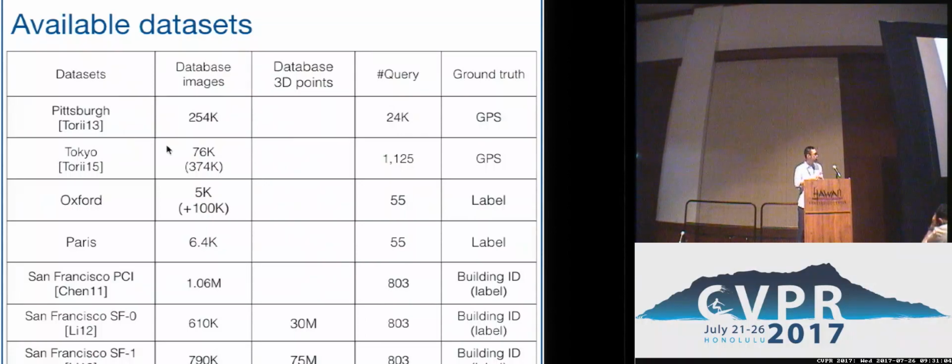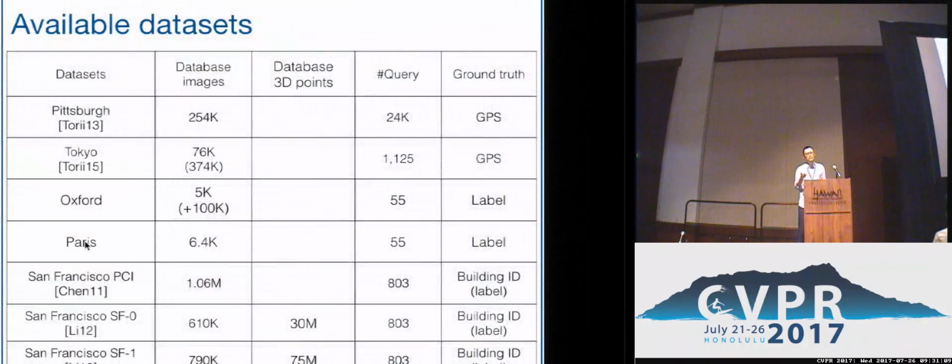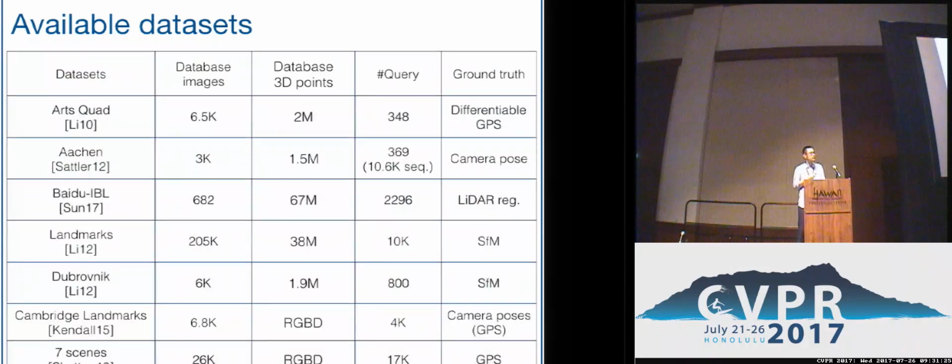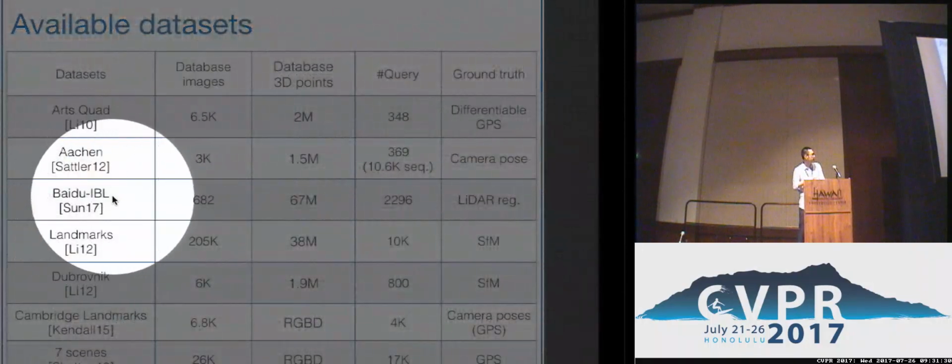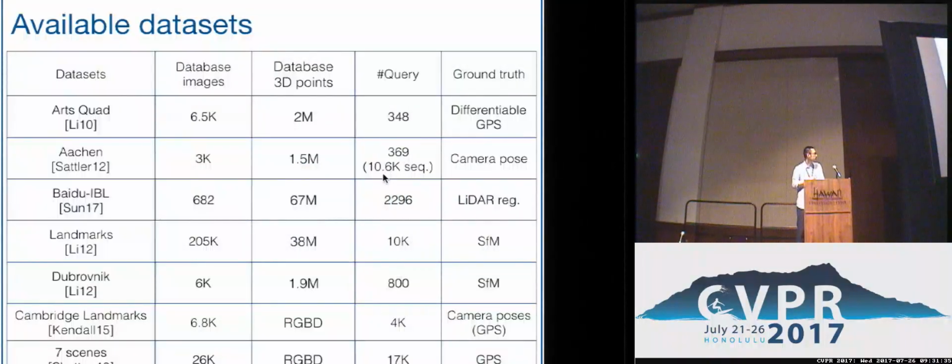I also show the standard Oxford and Paris datasets, because they are also datasets with buildings. And there are datasets for the 3D based approaches, including San Francisco and others. And there were new datasets presented the day before yesterday, I think, like some new Baidu dataset, and so on.